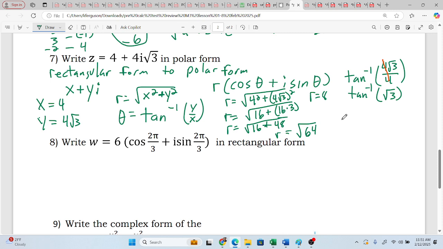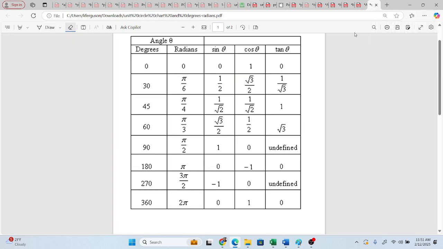So let's try it again. The inverse of tangent of the square root of 3, that's 60 degrees.